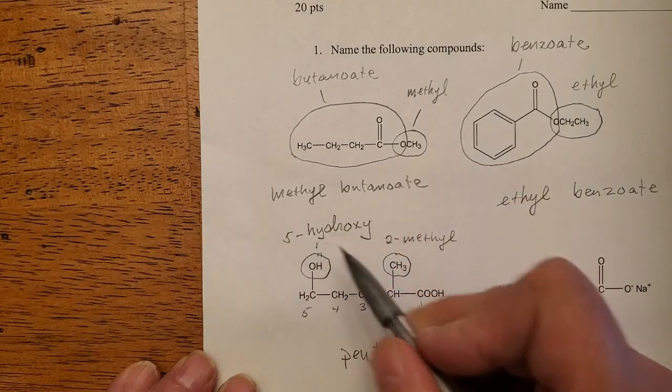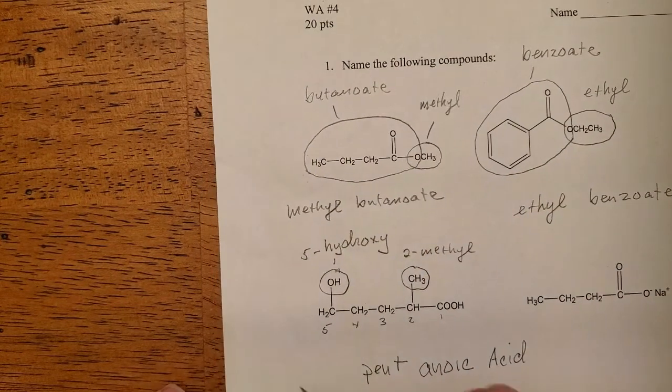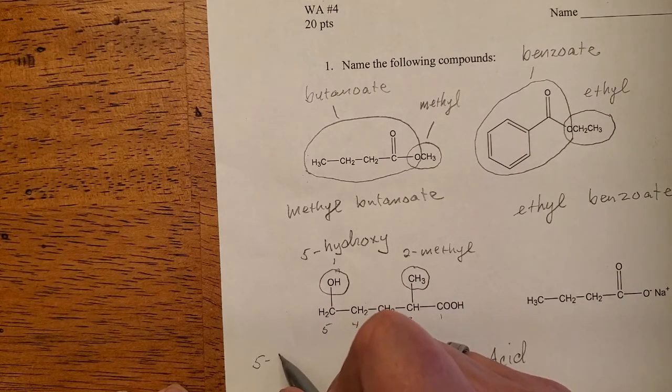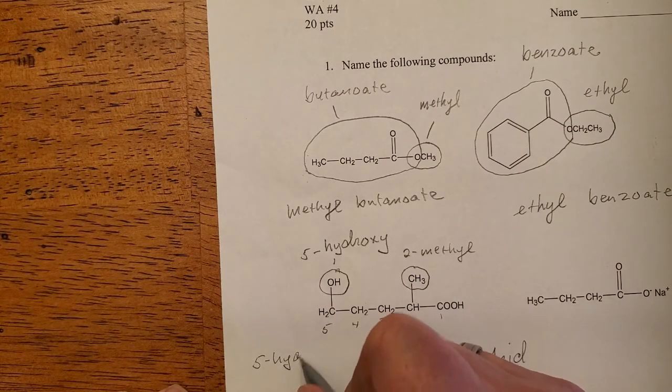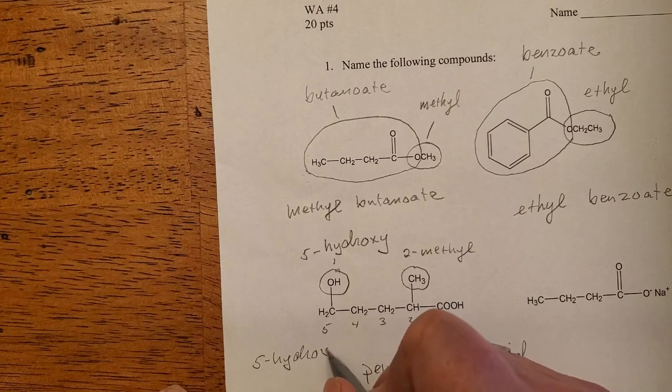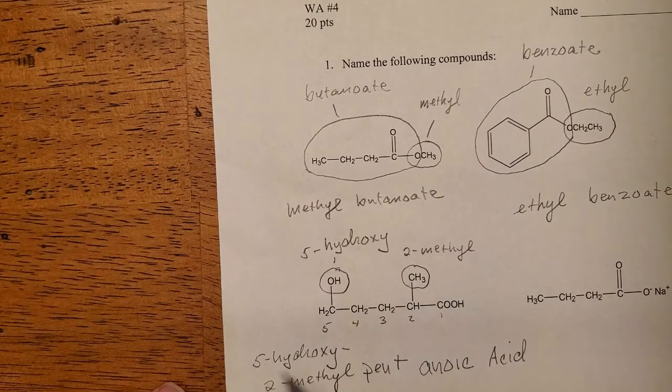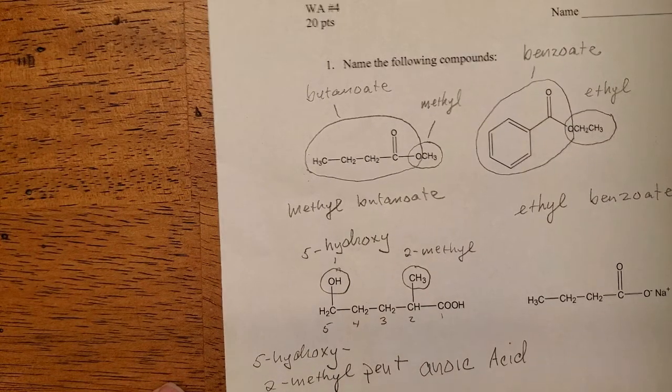So H comes before M, so this is going to be 5-hydroxy 2-methyl pentanoic acid.